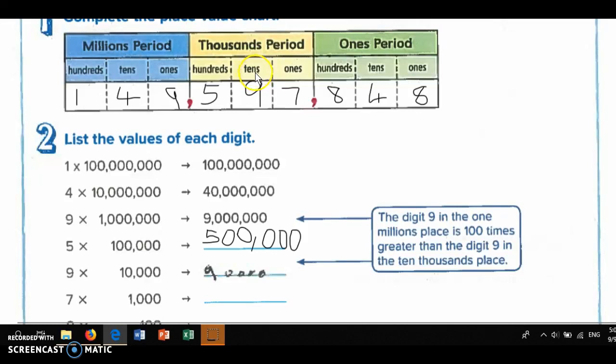How many 10,000s do we have? We have 9, so that's 90,000. How many thousands do we have? We have 7. 7 times 1,000 is 7,000.